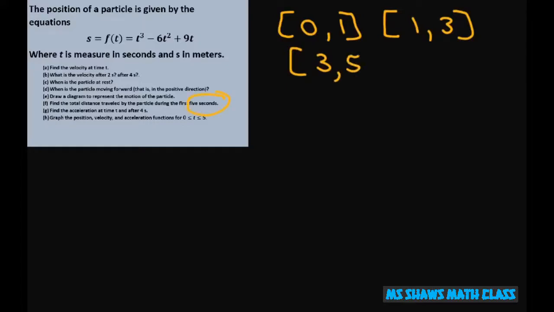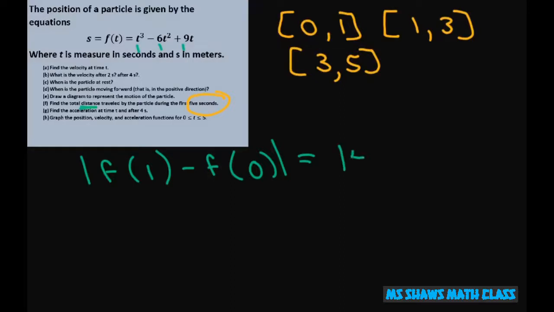What you're going to do is just take f of 1 minus f of 0, and you do the absolute value because we're talking about distance. So f of 1, if I plug 1 in here, I'm going to get 4. So it's going to be 4 minus, if I plug in 0, I get 0. So this equals 4.